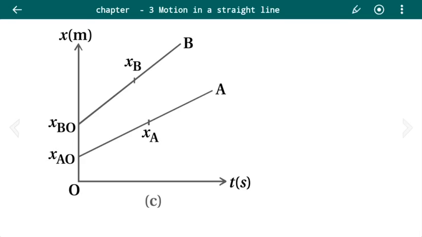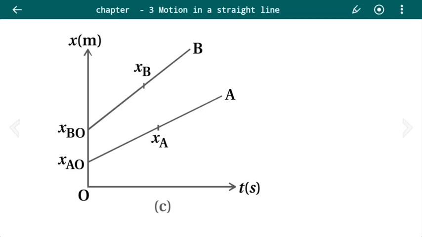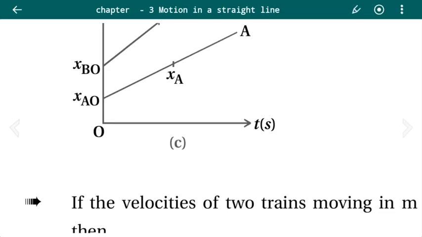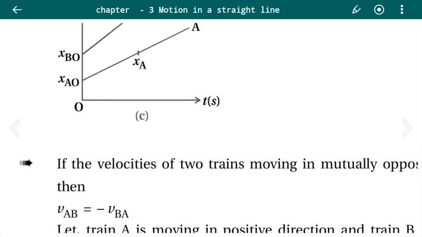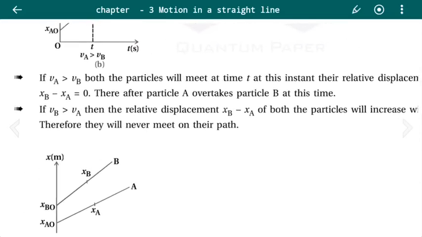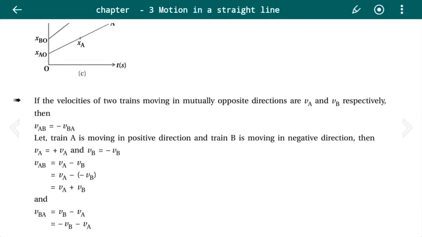And here we are taking the case where the velocity of B is greater than the velocity of A. So for this case, particle A and particle B will never meet at any point. The position keeps on changing with respect to time, and they will never cross their path.